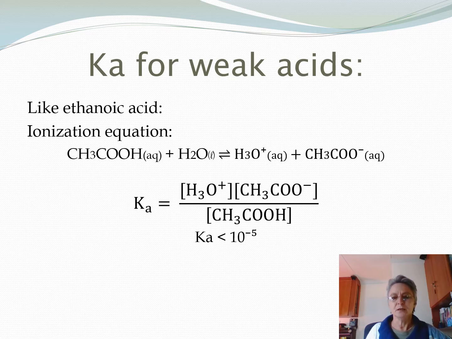Now, the Ka expression is given there, and we know that weak acids hardly ionize, so the concentration of ethanoic acid, the whole molecule, will be much higher than the concentration of the oxonium ions and the acetate anion. So here you would have a Ka value around 10 to the power minus 5. Compare that to the Ka around 10 to the power 6 for sulfuric acid. You see the difference between the Kas for weak compared to strong acids.